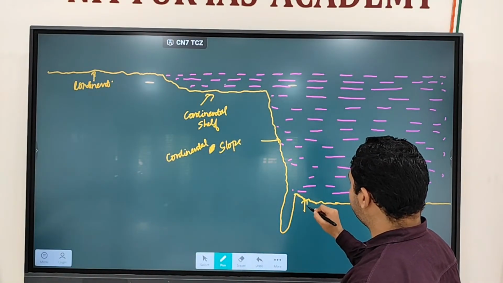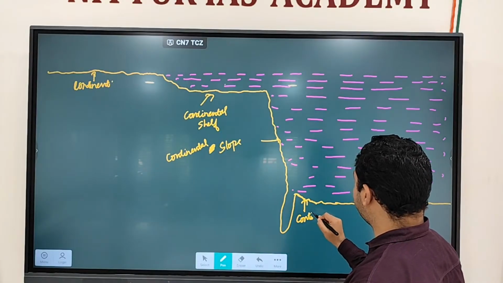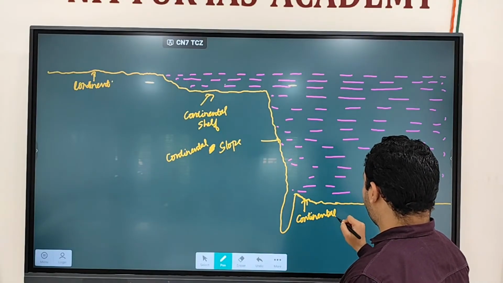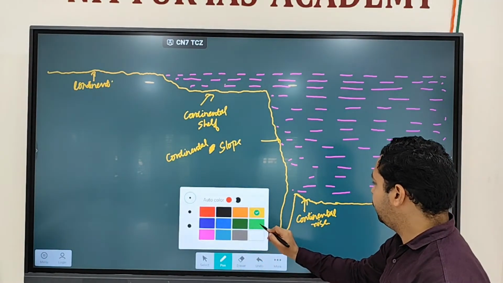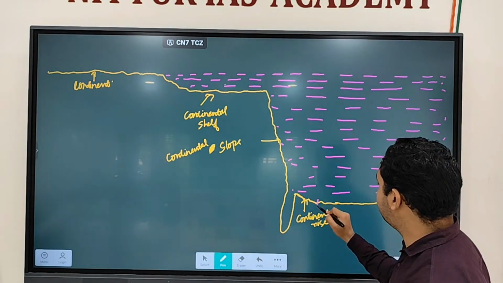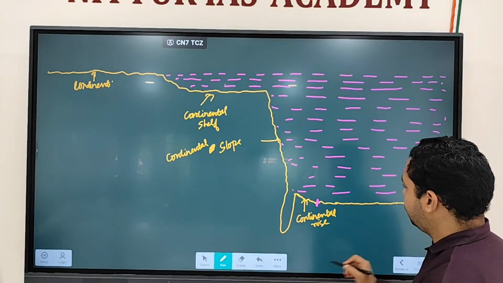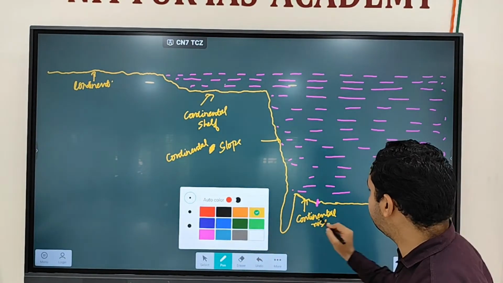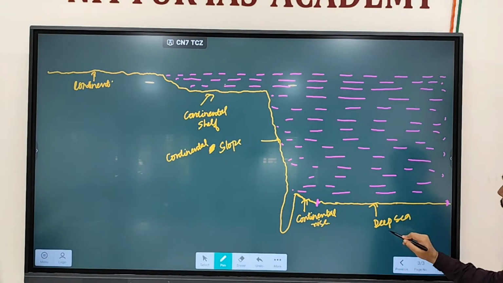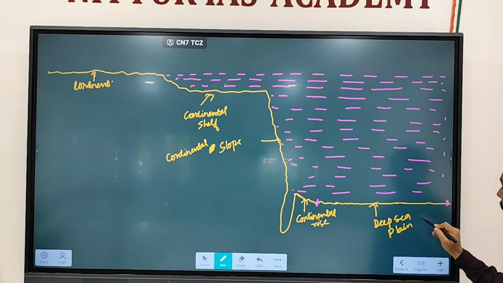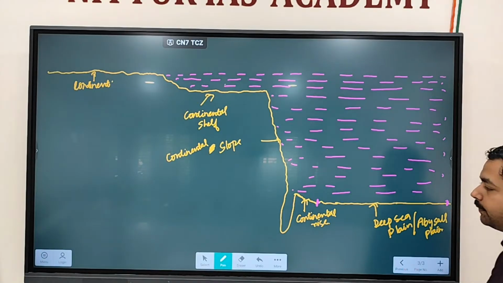This part is referred to as continental rise. From this part till this part, it is referred to as deep sea plain, or abyssal plain. Fine.